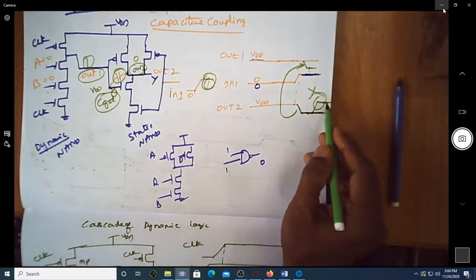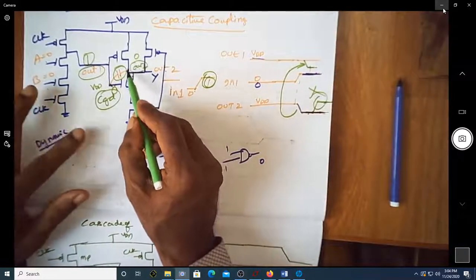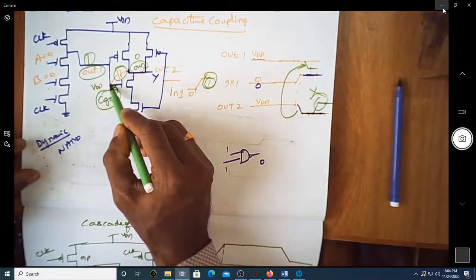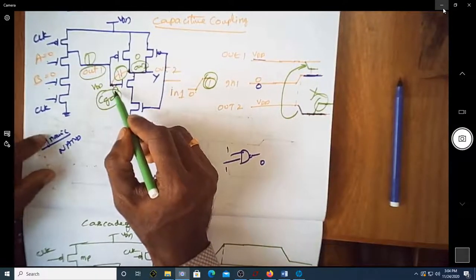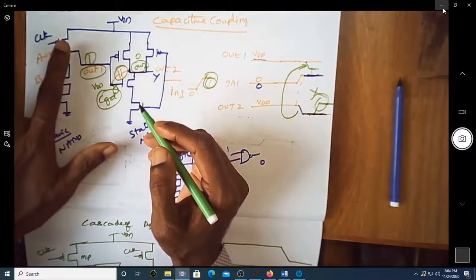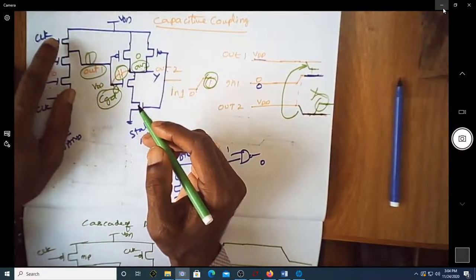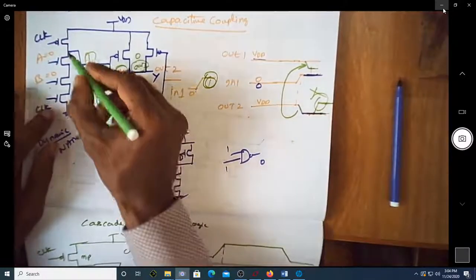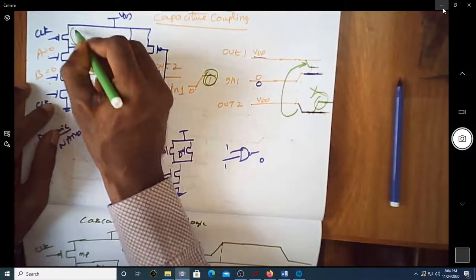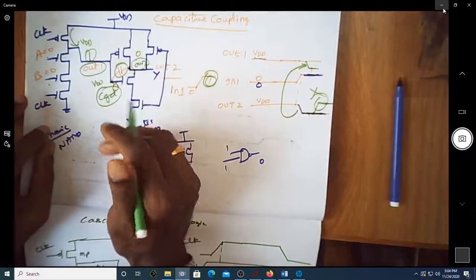Why it is going high is because this output is capacitively coupled to one of the inputs here. Why it is bringing it down to 0 is because this is now pre-charged. If there was a static NAND gate here, that static NAND gate would have actually supplied VDD to this through the pull-up network.